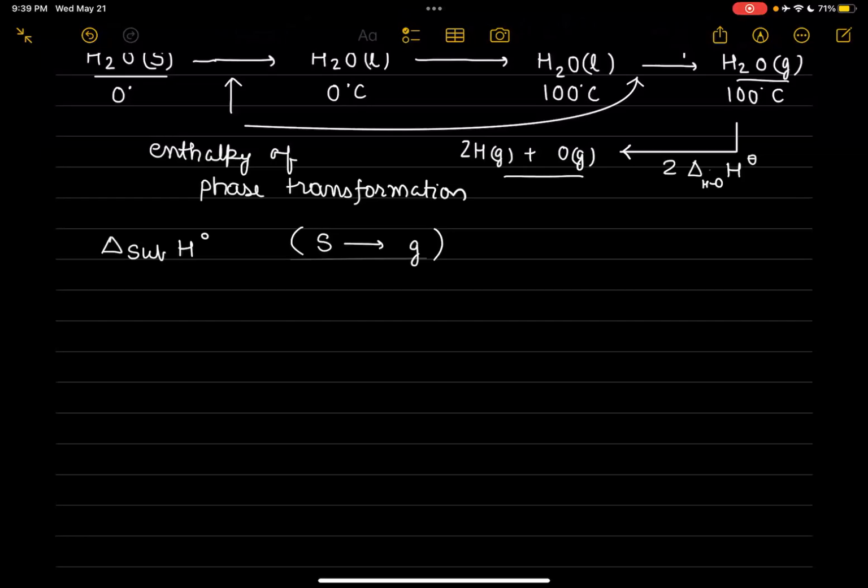And bond enthalpies can be used to find out the overall heat of reaction. This is very important. You need to count each and every bond, first in the reactants.